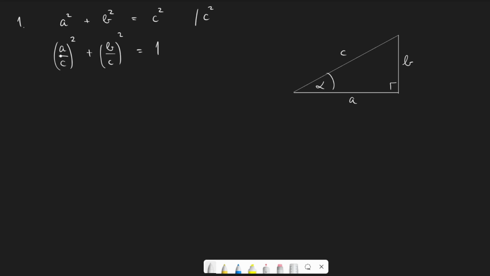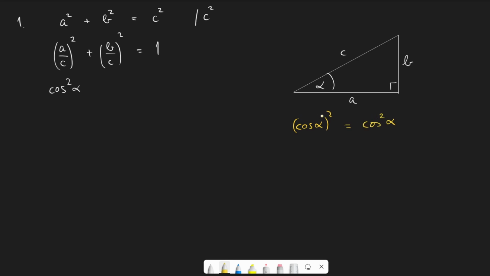And as you can see here, these fractions are appearing. So a over c, this is the adjacent side of alpha over the hypotenuse, which is the cosine of alpha, and this is to the power of 2, and this we can write as this. So cosine of alpha to the power of 2 can be written as cosine squared alpha.